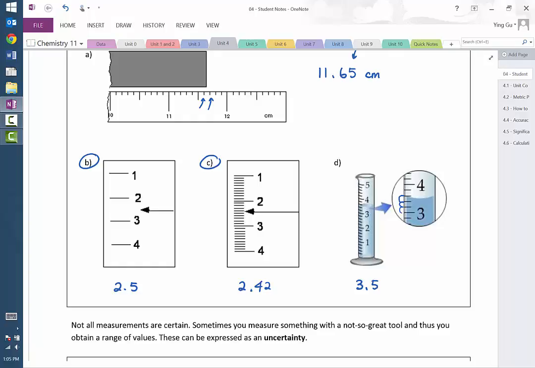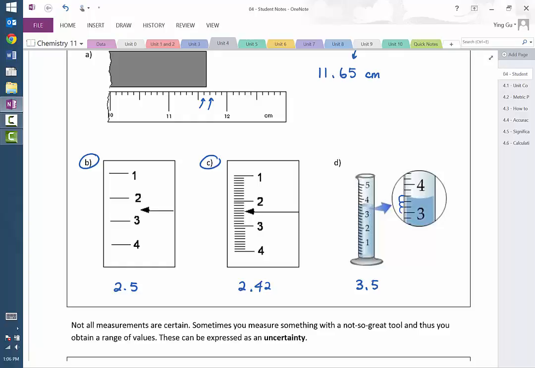If I have 5 people do a measurement with ruler B, they might say 2.5, 2.6, or 2.4, depending on the person, which means the repeatability is not as good. If I were to give ruler C to 4 or 5 people, most of them, or I should hope all of them, are going to say 2.4, and the value that they disagree upon is going to be that second decimal place, which means that the repeatability of our measurements is going to be better.